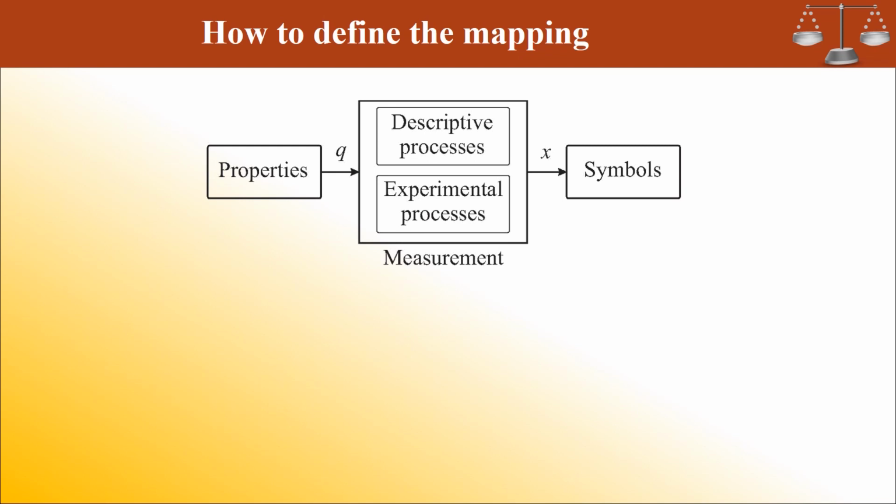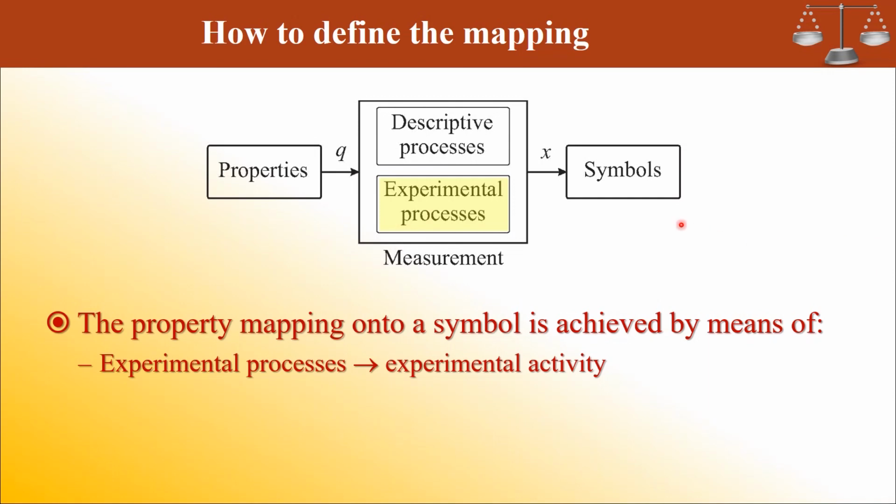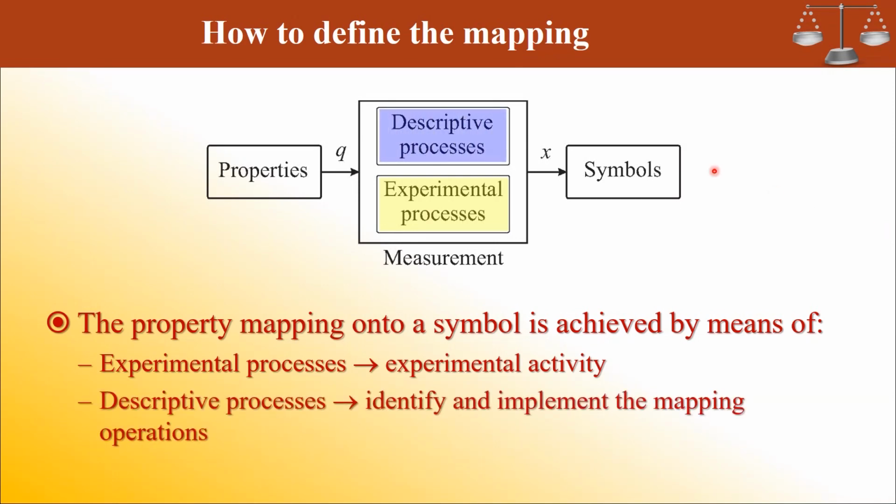So now we have the same model as before, but we can identify some processes to map this property onto a symbol. Of course, we have the experimental processes, which is the experimental activity, the activity that we perform with instruments. This is rather obvious and trivial. But we need to find this additional relevant information. So we need also a number of descriptive processes that can identify and implement the mapping operations.